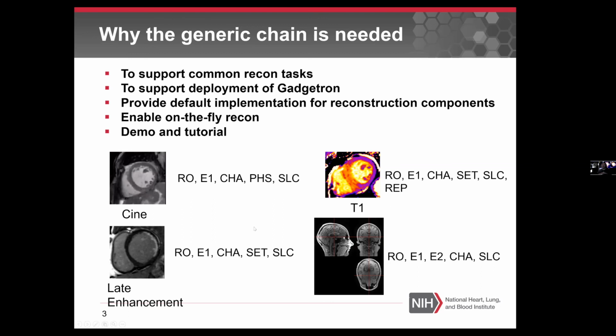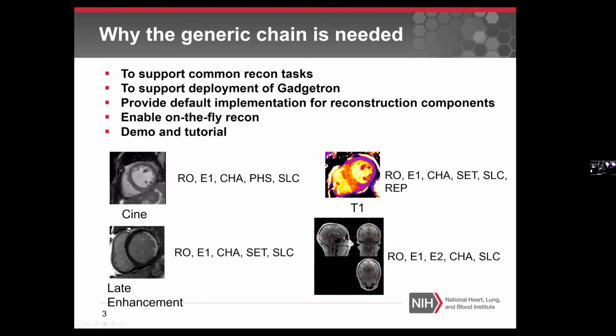On the lower left, in late enhancement, we have another dimension, set, which is used to contain the proton density weighted image and the inversion recovery image. Similarly, in T1 mapping, we may have set and rep.